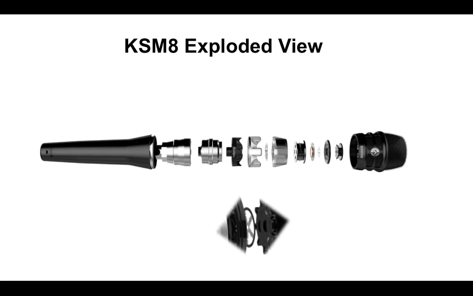We have a patent pending design on this particular part. This is called DSS, Diaphragm Stabilization System. Basically, we're using the thinnest diaphragm we've ever used in a dynamic mic because we want the most amount of low end. So you have to make things thinner and more compliant to get there. And in that process, we had to destabilize the diaphragm to keep it from rocking in an unwanted motion.